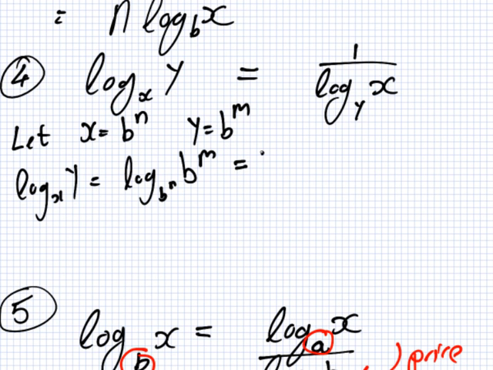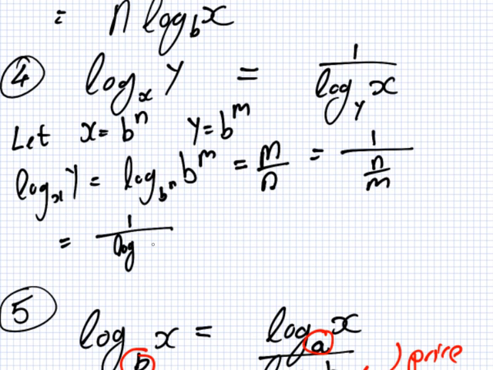This will be m over n, yeah? Which is the same thing as 1 over n over m. And then what we can do, 1 over n is, where's n? This one here, so it'd be log base b of x, isn't it? Yes.